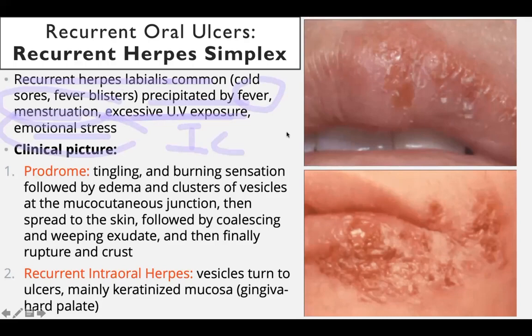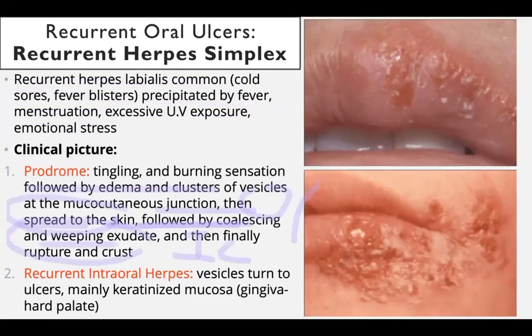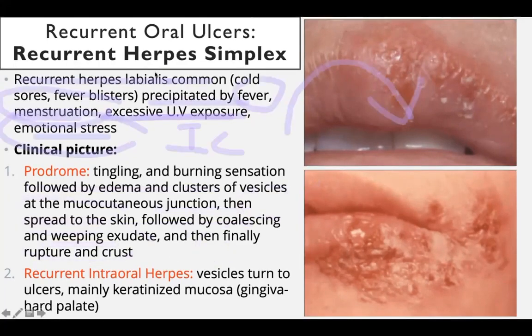The virus came back from the nerve ganglion and reactivated. You remember they used a word in that slide, reactivation of the virus will cause a recurrence of the infection known as recurrent herpes simplex. And because it is usually mainly found around the lips, on the lips, that's why it is known as recurrent herpes labialis.